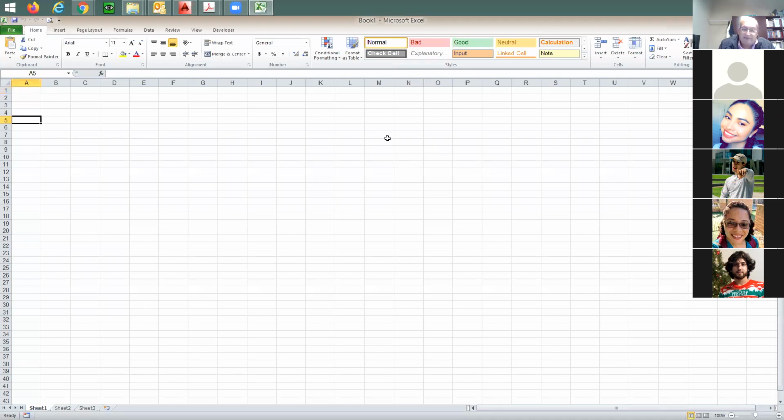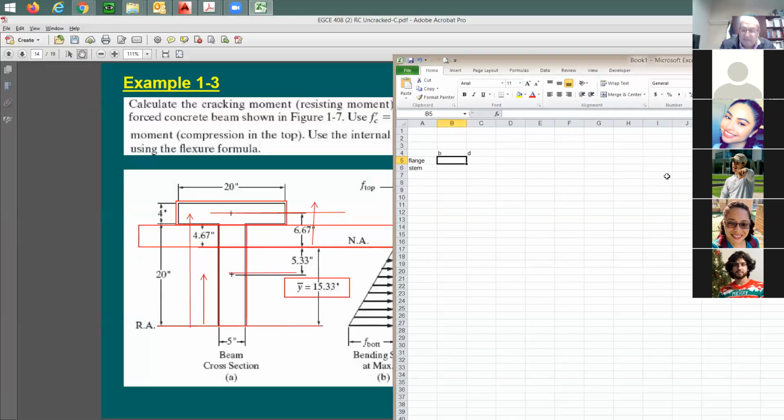So for example, you say here's the first section, say for example flange, right? And then stem. You put the width and the depth. So the first one, if I'd like to do it, the flange is going to be 20 by 4. And the stem is going to be 20 by 5. Based on this, I need to do the moment of inertia.